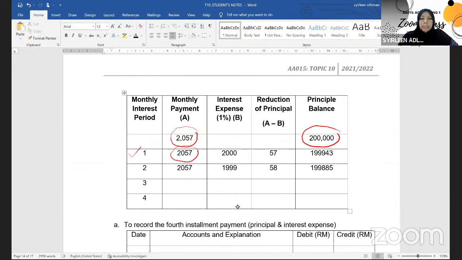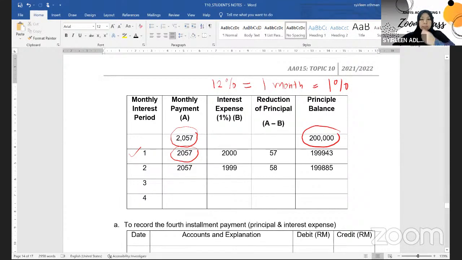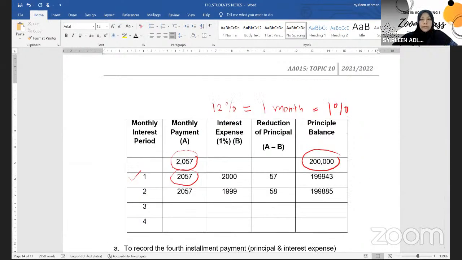As I mentioned earlier, your percentage of interest is 12%, so for 1 month it is equivalent to 1%. So how much is 1%? All right, 1% is actually RM2,000.